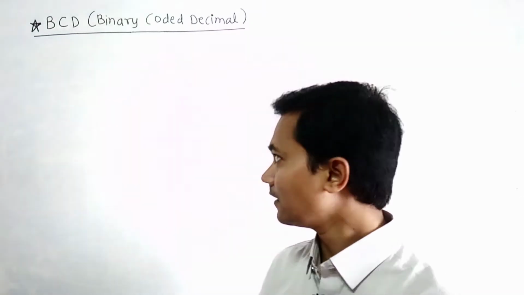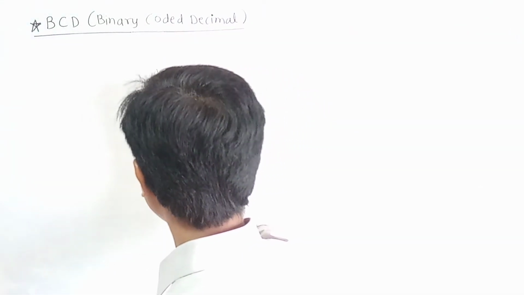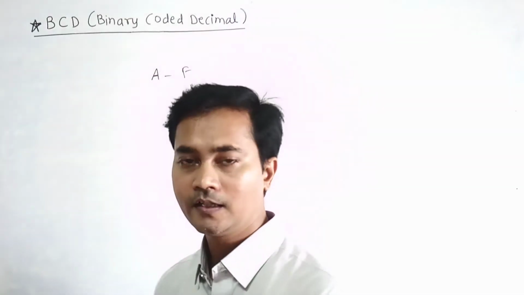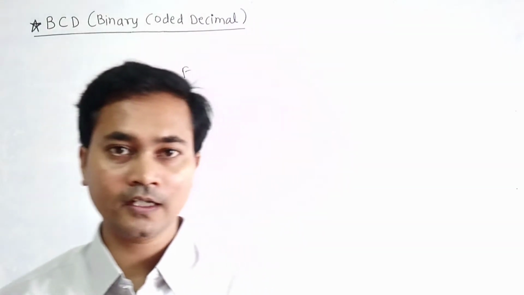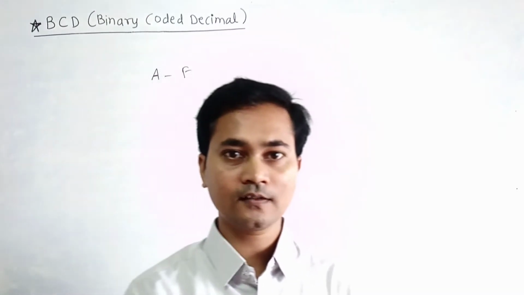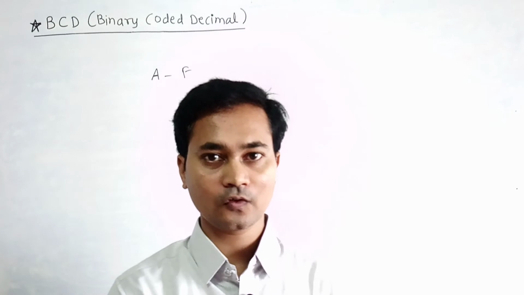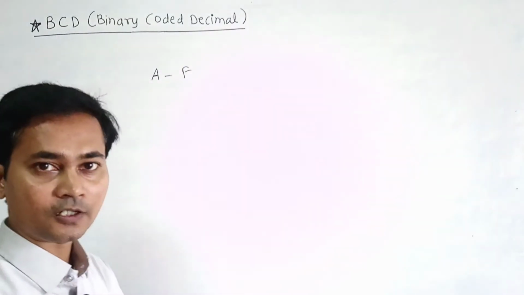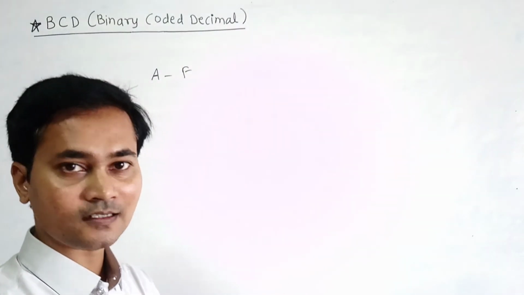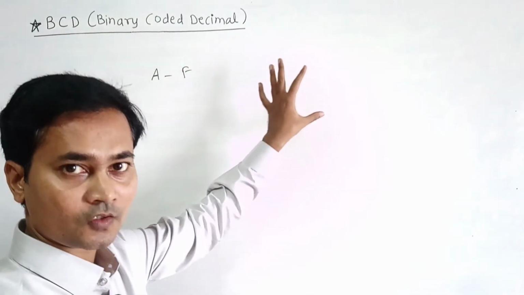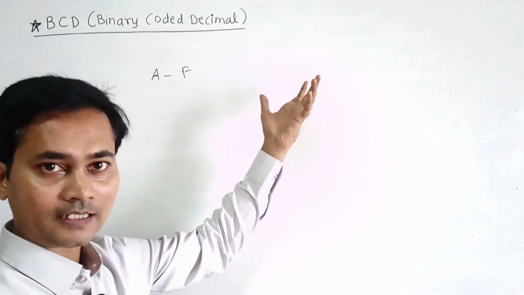Those are alphabets. So here A to F are the alphabets used in the hexadecimal number system. Actually, the electronic system or the microprocessor works in binary. So to show that particular number in the decimal number system, the BCD number system is used for further calculation.